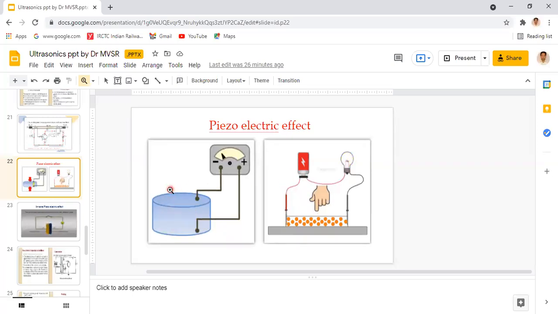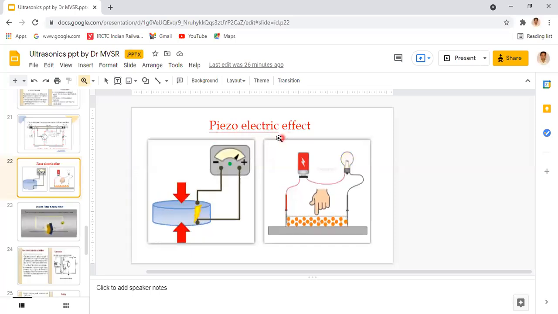When pressure is applied, there is a potential difference, that means the potentiometer shows deflections. Whenever some mechanical pressure is applied on this asymmetric crystal, definitely some potential difference is produced. That effect is called the piezoelectric effect.